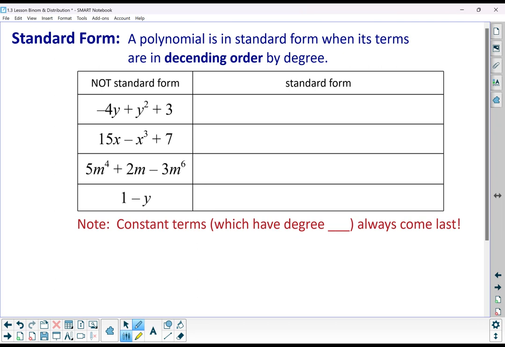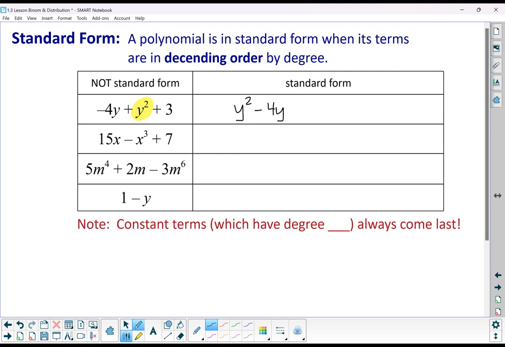It's kind of just an agreed upon way that we prefer to have our polynomials written, and it gives us a little bit of uniformity. On this first polynomial, you might notice that the most powerful term is this y squared term. So it's going to start with y squared, and then this negative 4y is going to come next because our first term has two y's in it and our next term has one y.